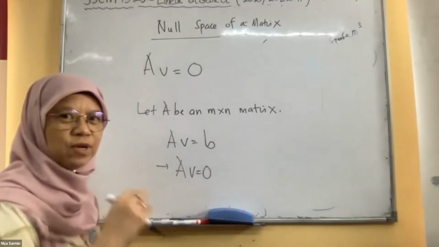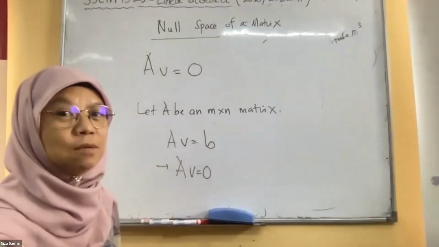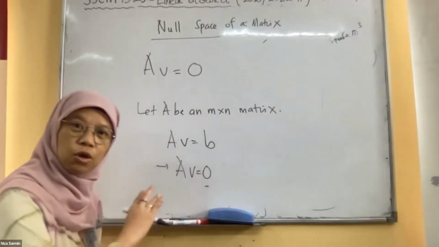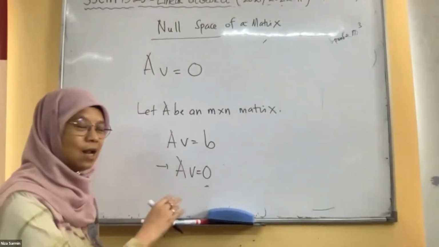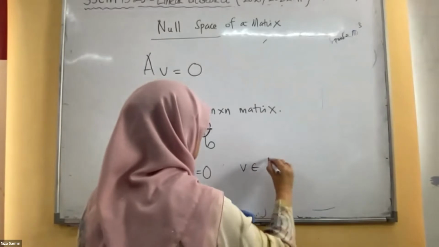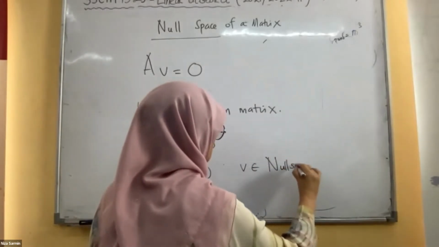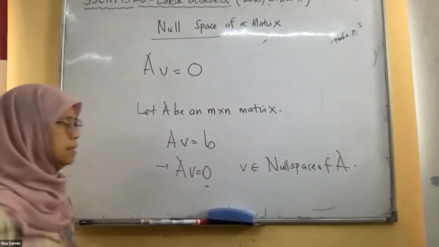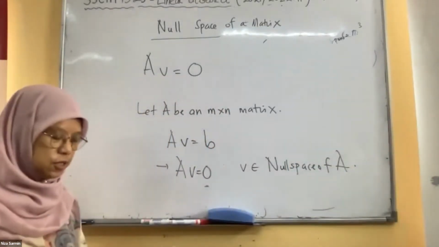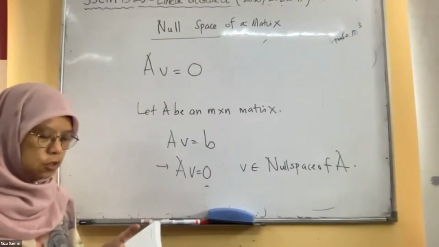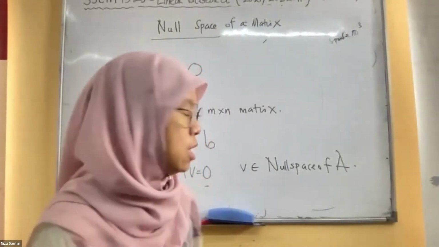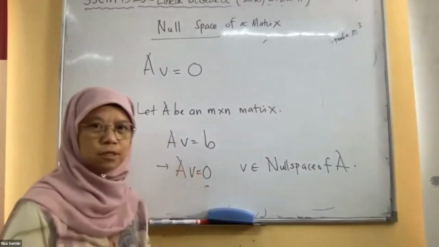So this gives us the homogeneous system of linear equations because this is 0. Solving this will give the null space. So V is in the null space of A. That's the definition of a null space. The null space is the solution vector of AV equal 0.